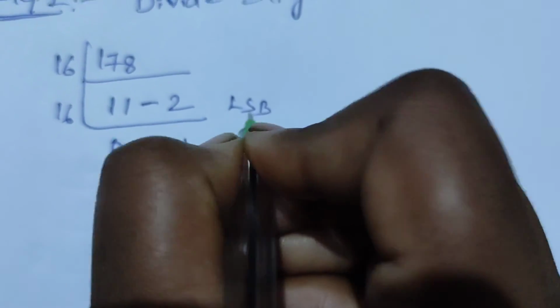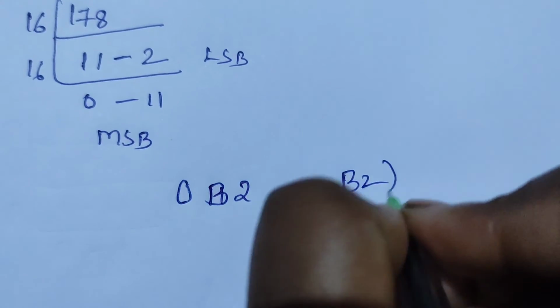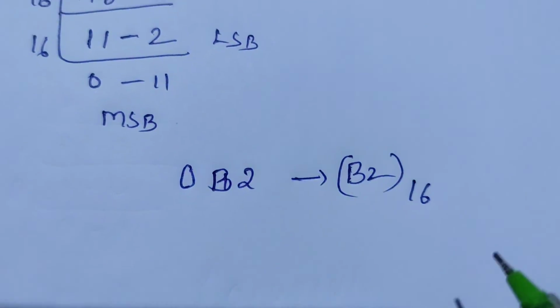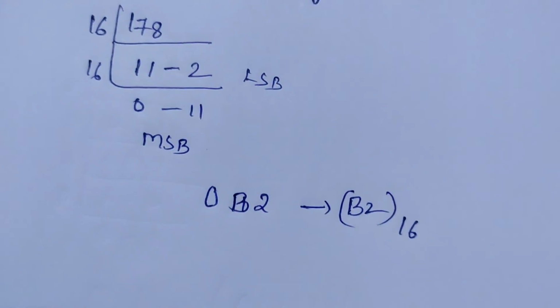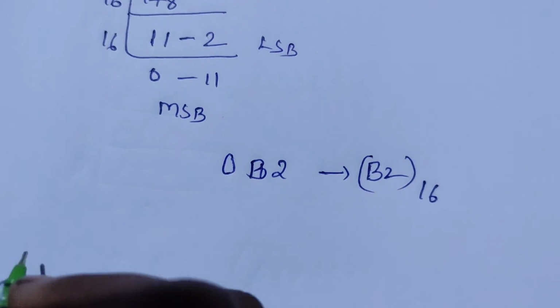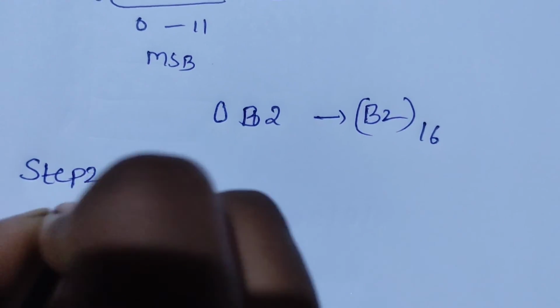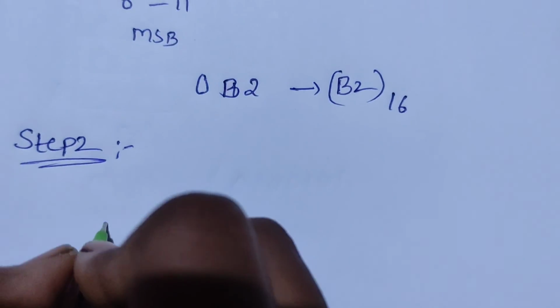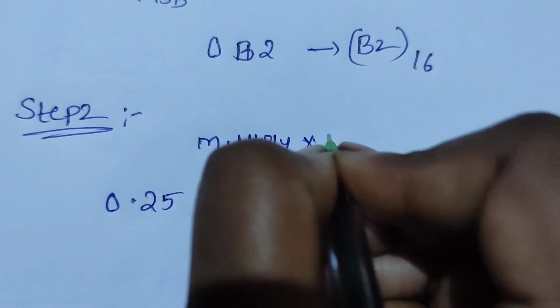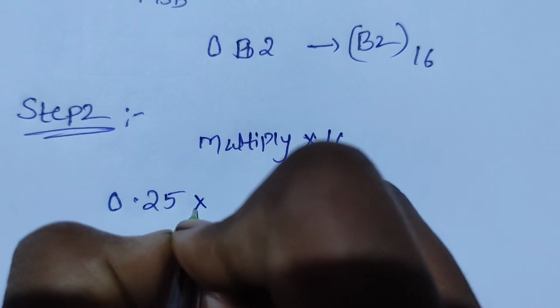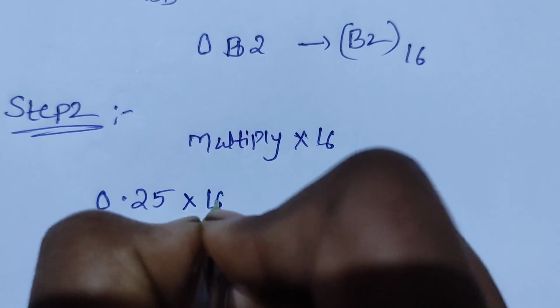The first obtained remainder is LSB and the last one is MSB. Note down: this 11 is B, and 2. So this is the hexadecimal equivalent of the integer part. In step 2, the fraction part is to be converted. So multiply the fraction with 16.